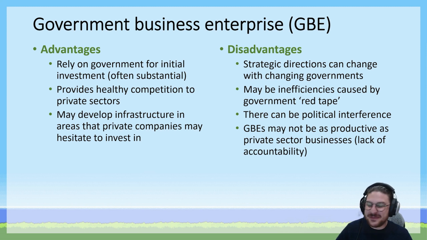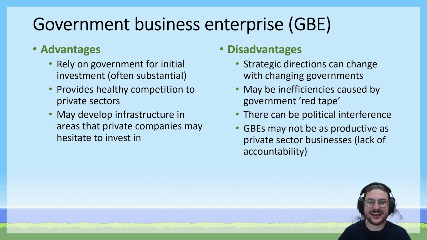Some advantages of GBEs, or government business enterprises, include that they can rely on government for initial investment and capital, and often governments have access to funds and resources that entrepreneurs could only dream of. So government business enterprises are often equipped to hit the ground running in a much more effective way than other businesses might be.